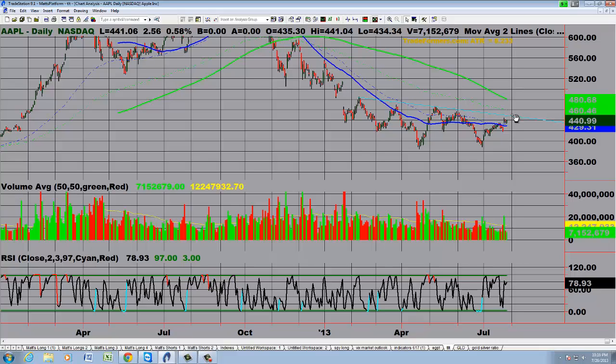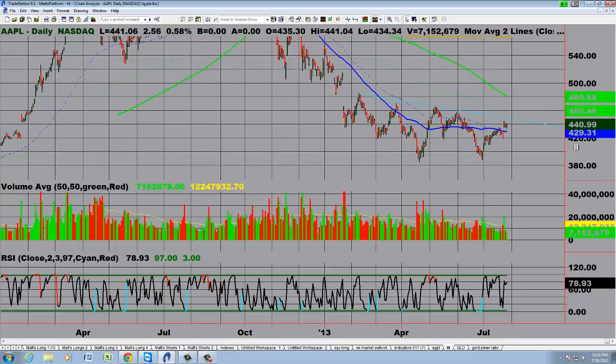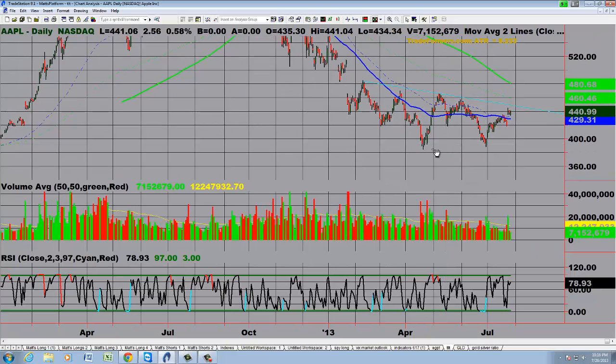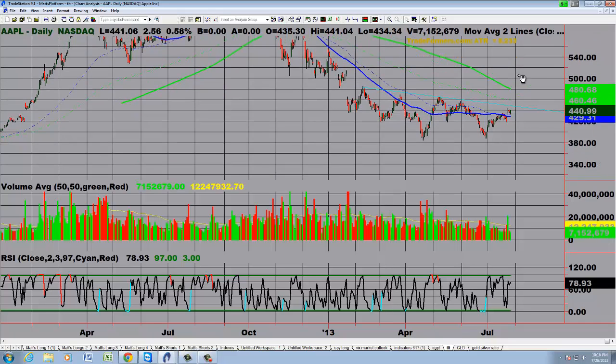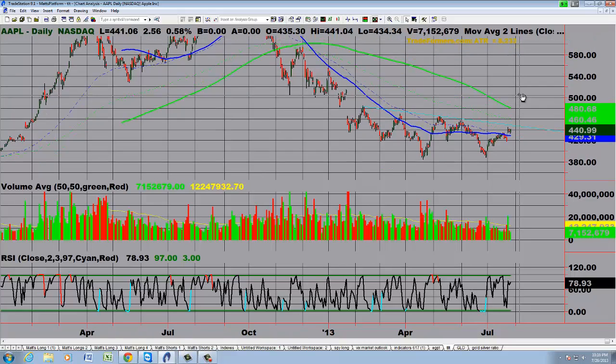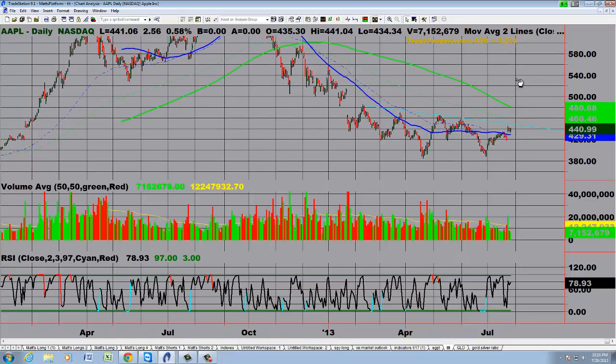If we can get, by the way, above this trend line, you're talking about a move from about 385 or so all the way up to the neckline of, well, let's call the neckline really about 460 or 470. So you're talking about a move potentially to the 525 to 540 level, which would certainly coincide with this level of resistance as well.